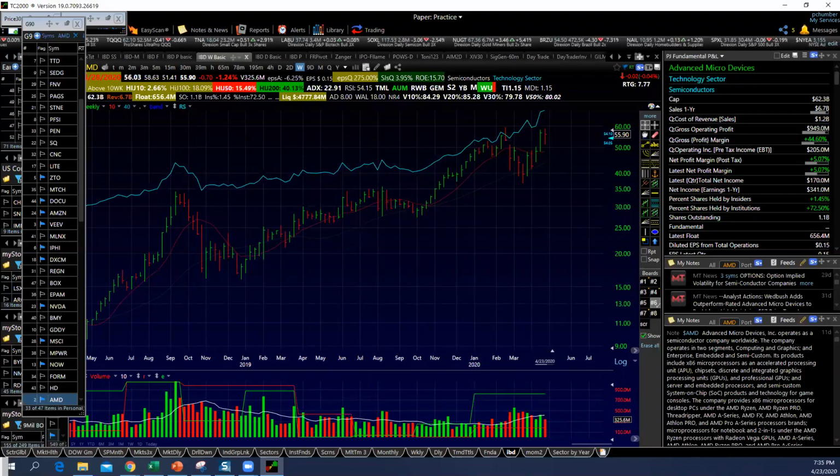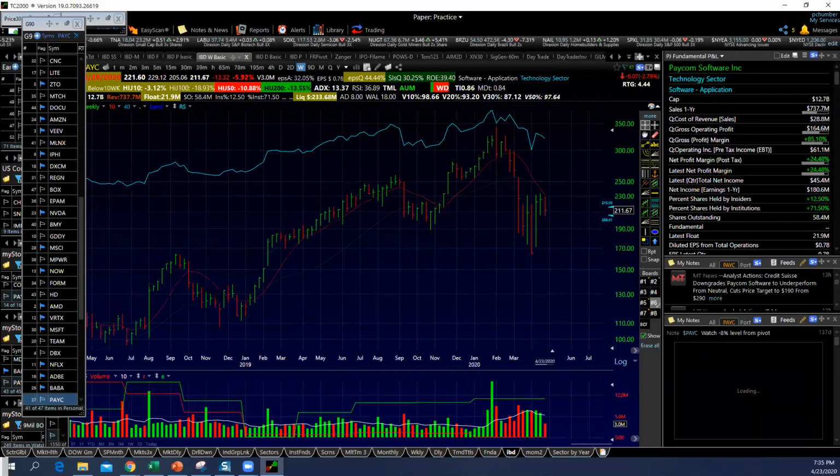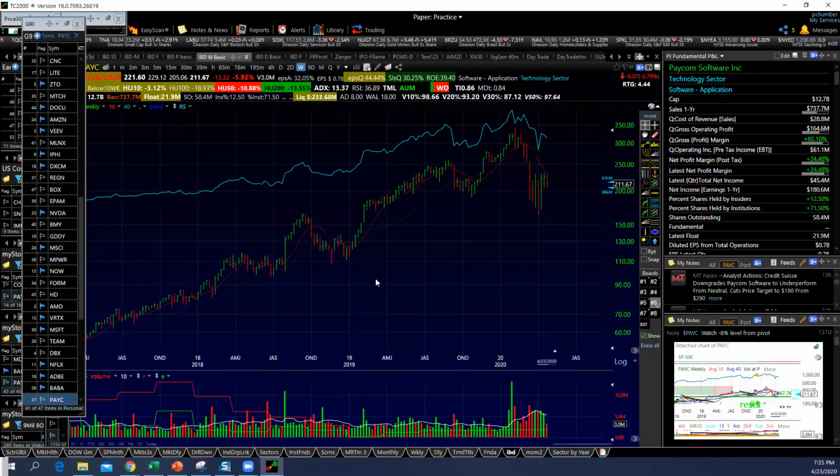Does a cup with handle not move past the pivot point until after the handle is formed? Can you compare a simple cup with a cup with handle? So that was Paycom. Over here, this is a cup.